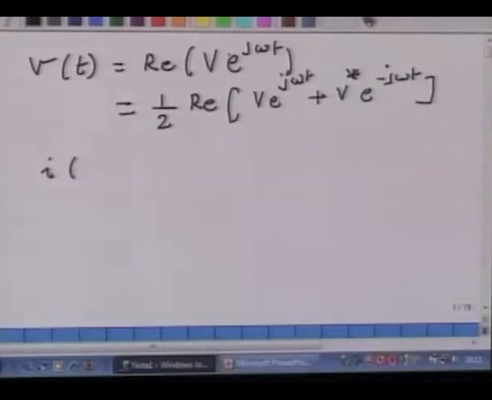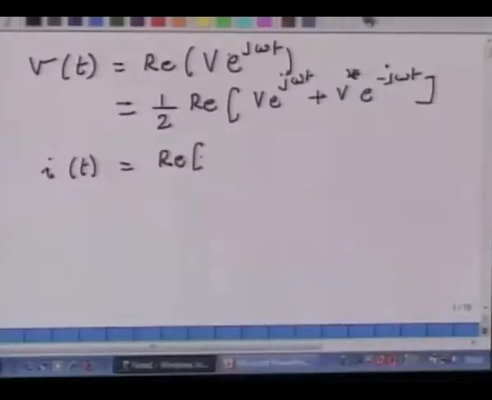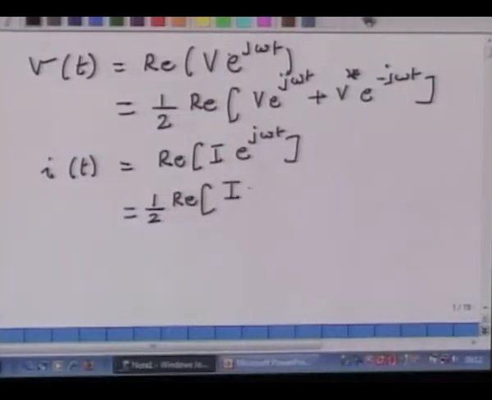Similarly, current, and the reason we are talking about voltage and current is that we will draw these analyses into the acoustic domain later. So this comes in handy. Current is the real component of I e^(j omega t), equals half real of I e^(j omega t) plus complex conjugate e^(minus j omega t).